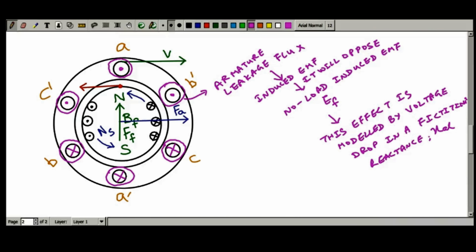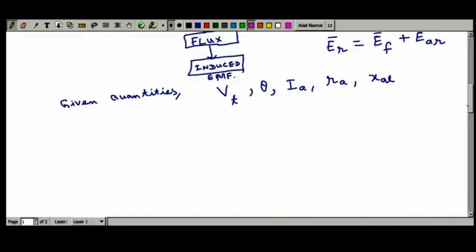So what are the things which are provided? The given quantities are the per phase armature terminal voltage, that is Vt, and load power factor angle theta. Because it's an alternator, that is synchronous generator, its load will be electrical load, so that electrical load will have some power factor, so that is your theta.